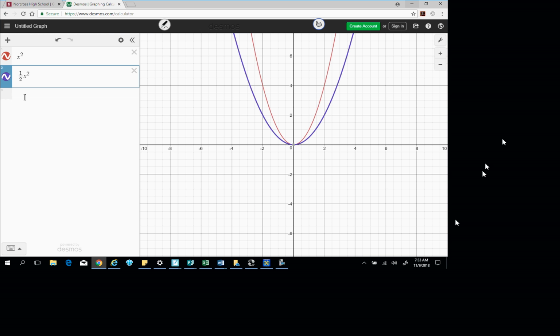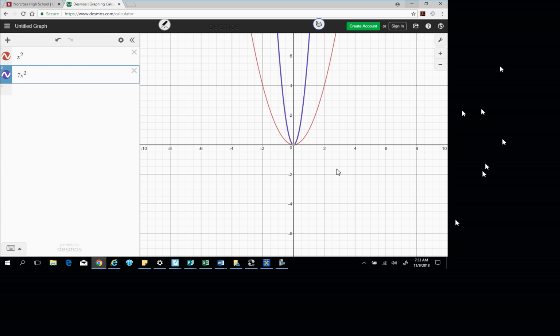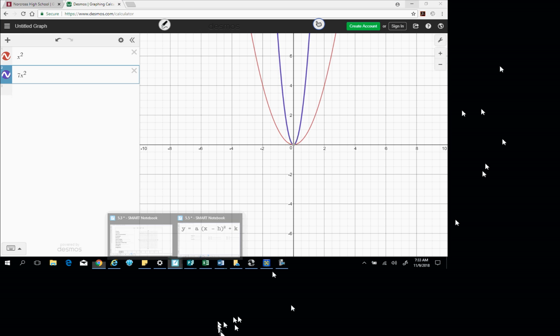If it's a fraction, it's going to be wider. If it's a whole number, like 7, look what happened to it. It's really, really narrow, right? So it's actually the opposite of what you would think. A fraction you would think would be smaller, but it's actually getting wider if it's a fraction and narrower if it's a whole number.